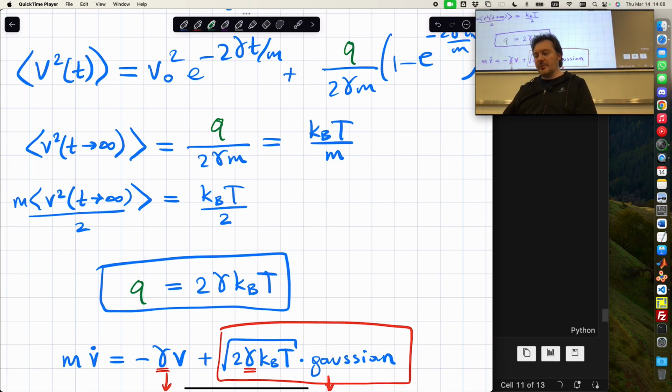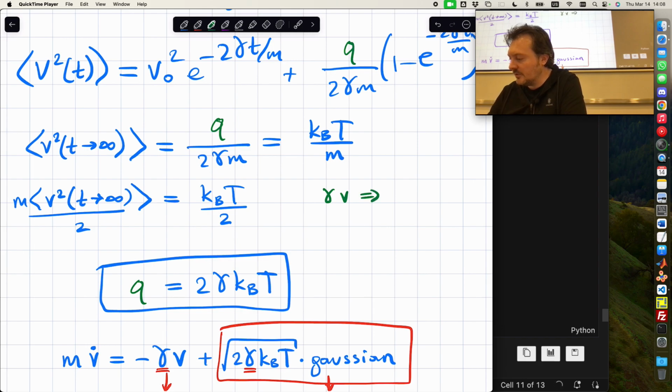Now, the 2 gamma kBT is supposed to be Newton squared times second. Do you agree? Let's see if the units hold or not. So what is gamma V? It's Newton, right? Do you remember gamma V was friction force? So then gamma is Newton divided by meter times second, right?